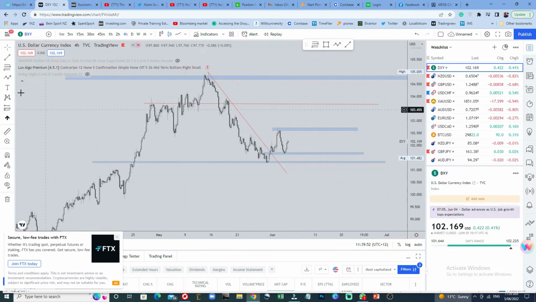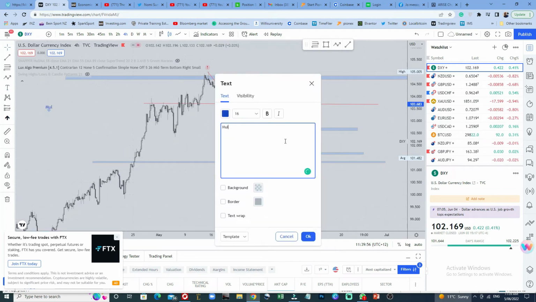First of all, for the multi-time frame analysis, what we want to do on the 4 hours is to find and mark the lows and highs of the week.